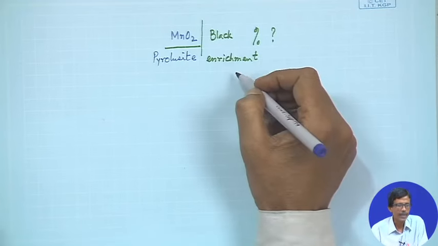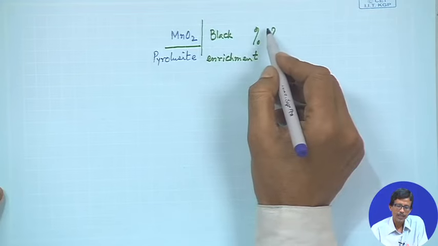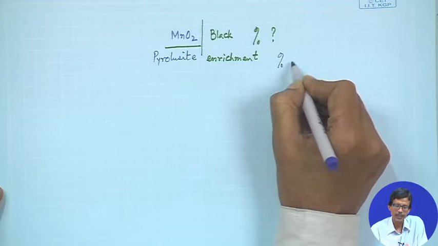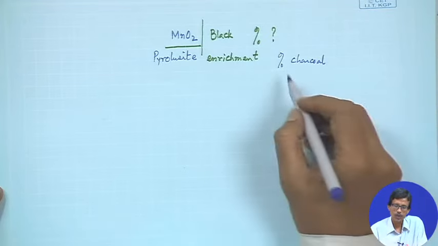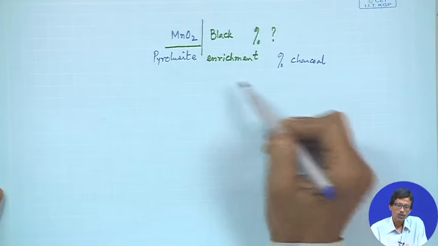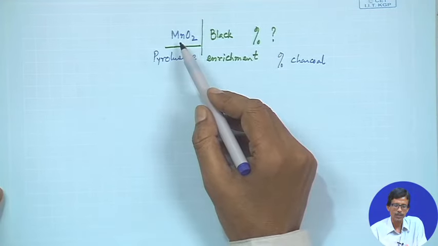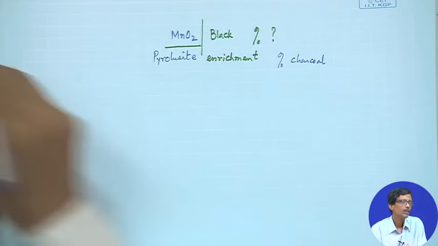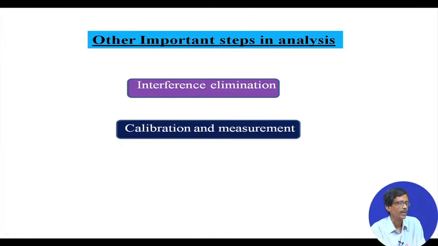The typical enrichment depends on the percentage of MnO2 compared to the percentage of, say, charcoal, which is also present along with the manganese dioxide as pyrolusite. If we follow this enrichment process, we can increase the concentration of pure MnO2 in this material, such that we eliminate the interferences of other extraneous matter.